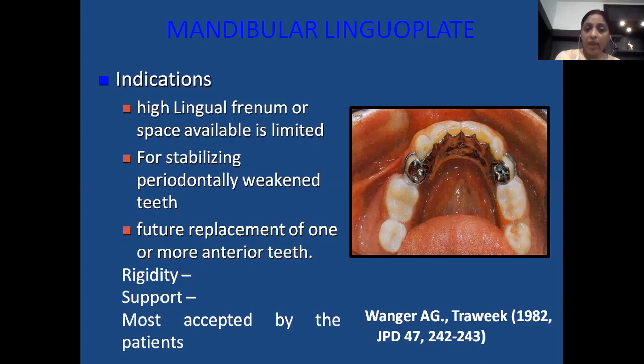It also helps in future replacement of one or more anterior teeth, because it extends to the cingulum of the teeth. The rigidity and support are adequately provided by this design, and it is mostly accepted by all patients.